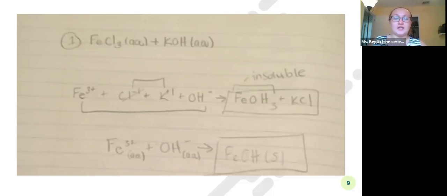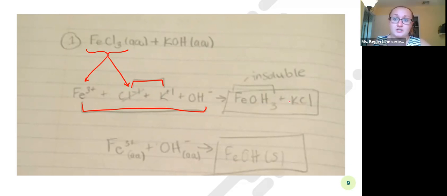So this scholar, like most of you, has demonstrated proficiency with dissociating ionic compounds, using the double displacement method to predict the products of this reaction, using the solubility rules to identify which product is insoluble, and identifying and eliminating spectator ions to write the net ionic equation.